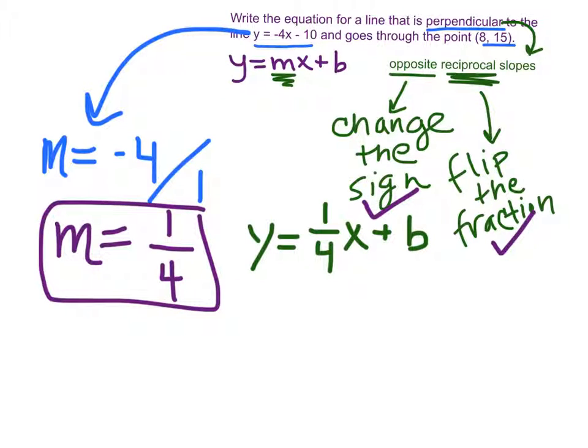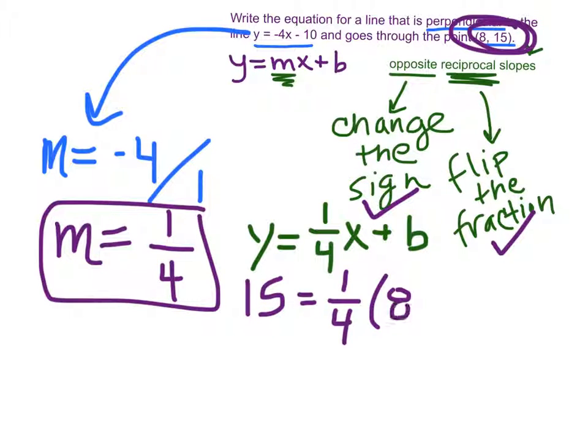And now we just need to find the b. It feels like we do this a lot. We're going to use our coordinate pair (8, 15). We'll put 15 in place of y, rewrite the slope, put 8 in place of x, plus b, and all we need to do is a little quick multiplication and then a little quick solving.